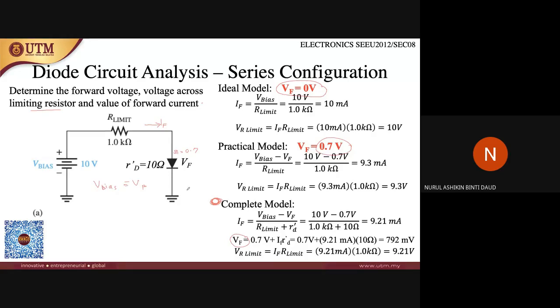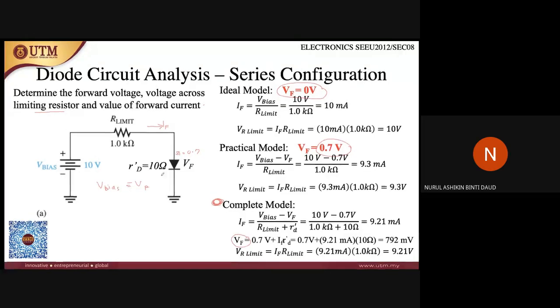So after you consider whether the diode is in reverse or forward bias, only then can you solve the problem. So don't just directly solve the problem without identifying the model first and also the configuration of the diode. Is it forward or is it reverse? Okay, so those are 2 tips that you need to know.